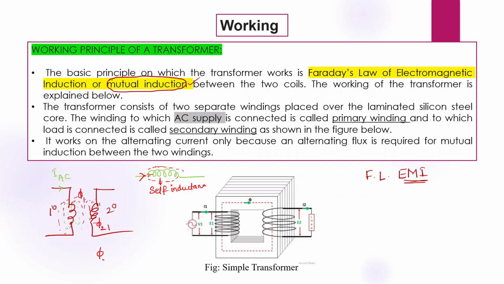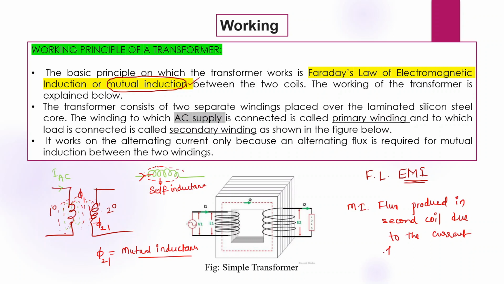This phi 21 is flux due to mutual induction. That means flux is produced in the second coil due to the current flowing in the first coil. This is called mutual inductance.